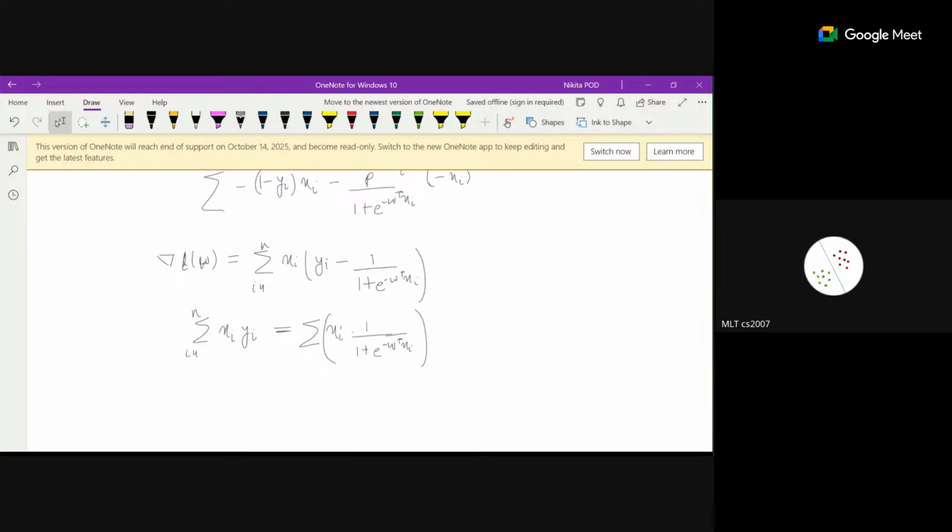So now, see, the challenge here is in finding this W, right? That's why we are switching to this gradient ascent algorithm. You won't be able to find some nice closed-form W which you can write here.